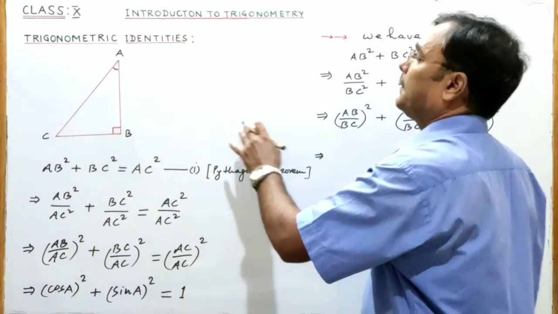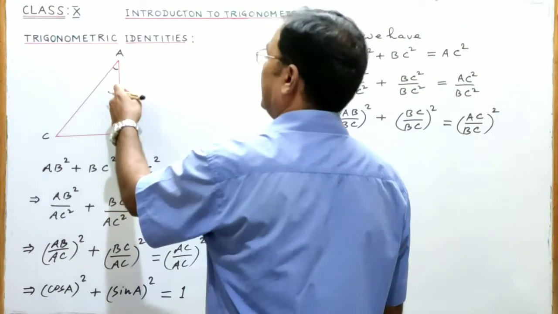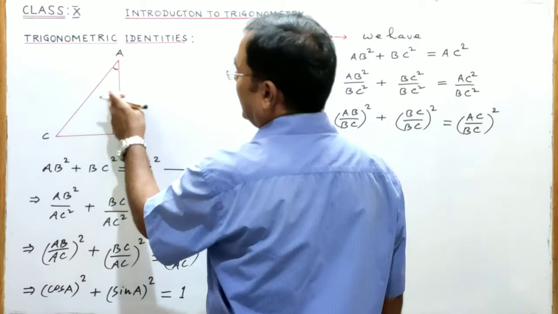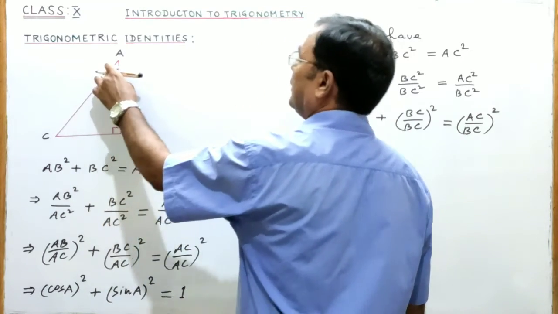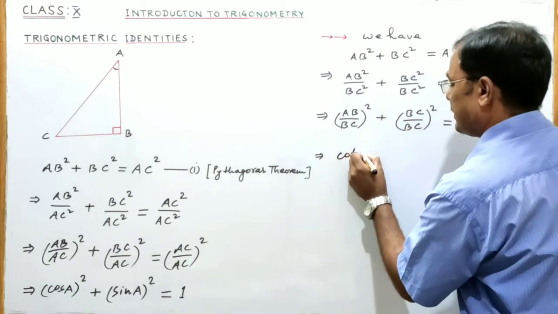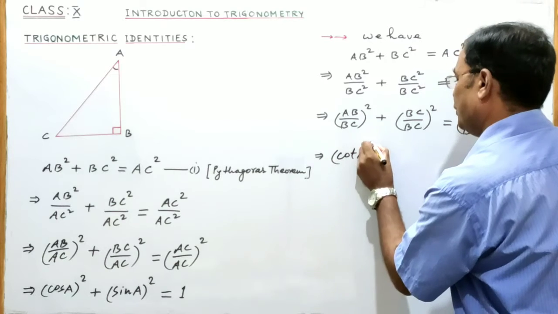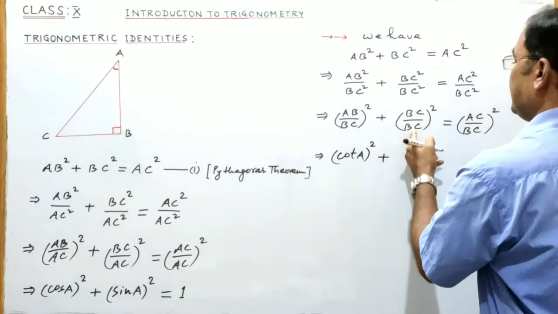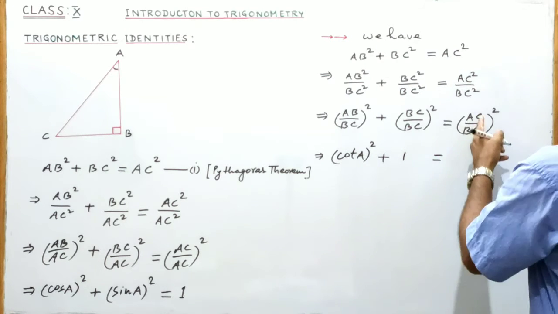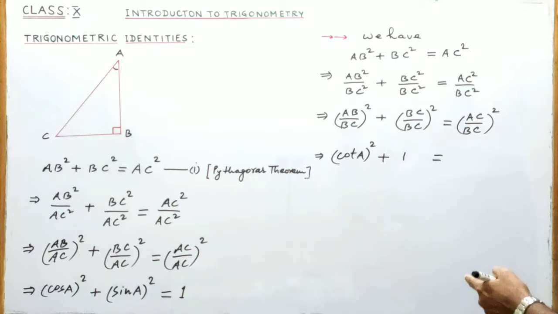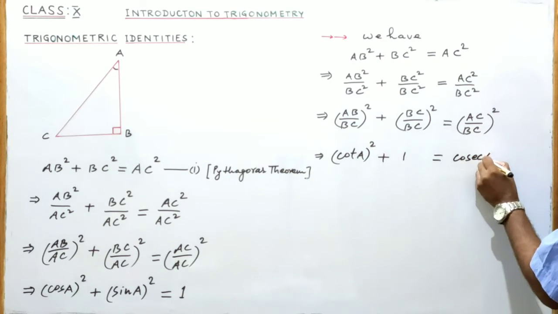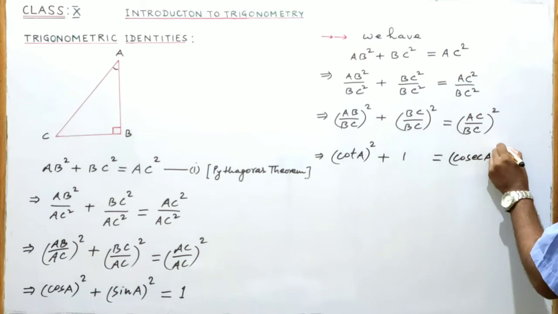Now see in the figure, AB is base and BC is perpendicular. So base by perpendicular is cot of acute angle A. So cot A whole square plus (BC by BC) square, 1, equal to AC by BC, which is cosec of acute angle A. So cosec A whole square.